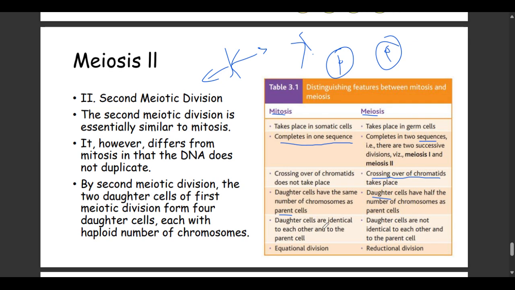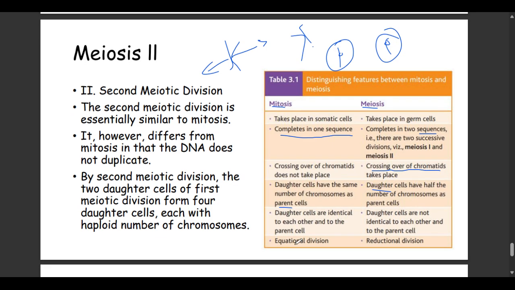The daughter cells are identical in mitosis, while the daughter cells in meiosis are not identical to each other or to the parent cell. There is what is known as equatorial or equational division here. That means although cell division occurs, the amount of DNA still remains the same.